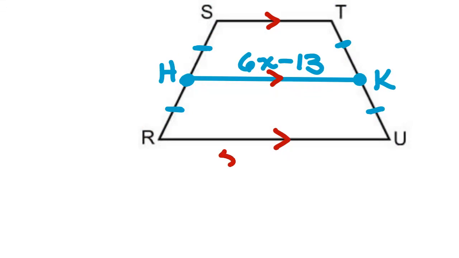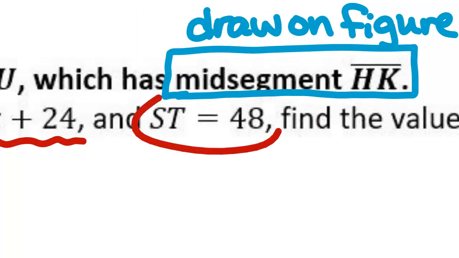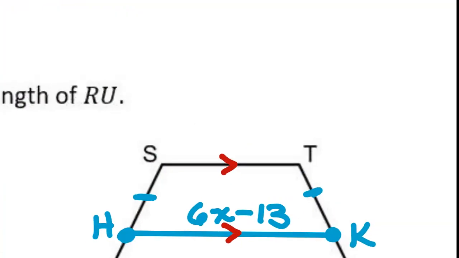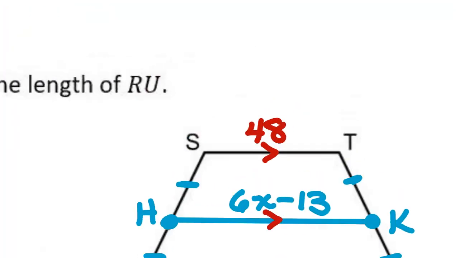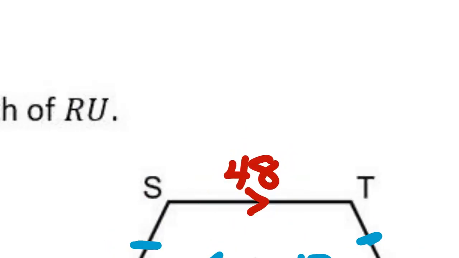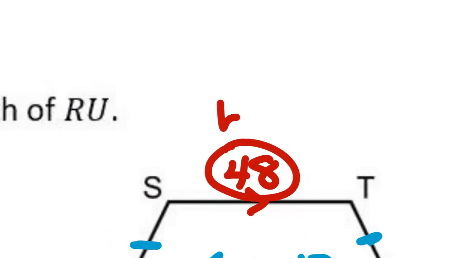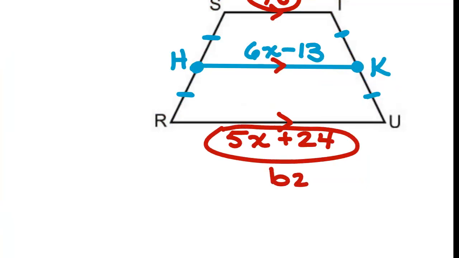RU down on the bottom, 5x plus 24. And ST is 48, so up on the top is 48. Find the value of x and the length of RU. So 48 would be base 1. 5x plus 24 is base 2.